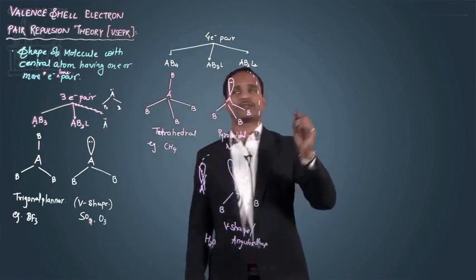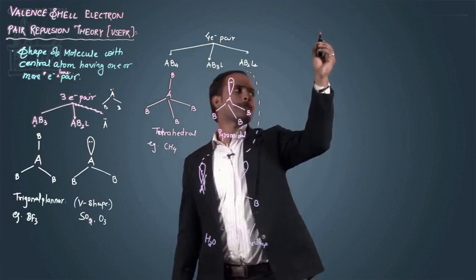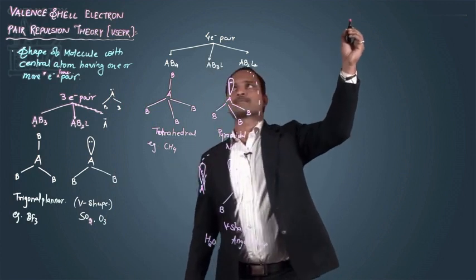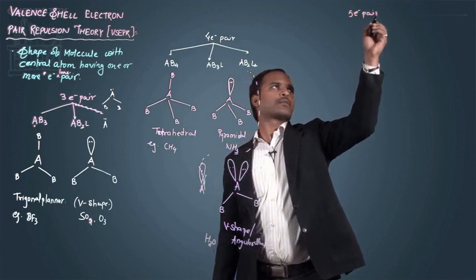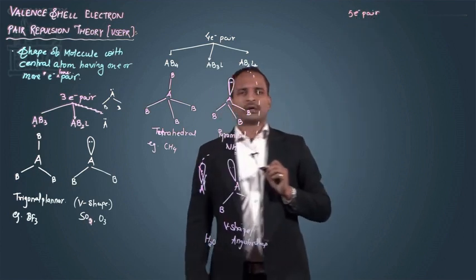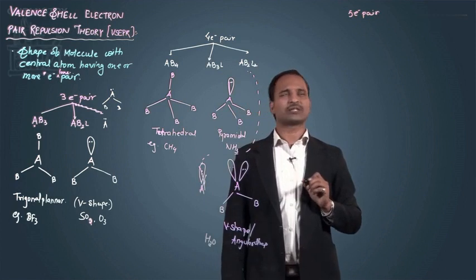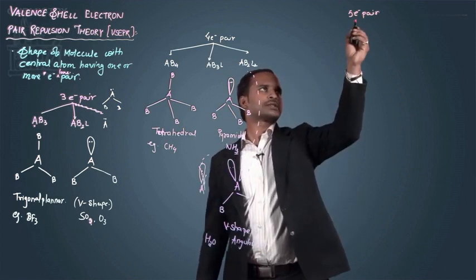The next is 5 electron pairs. Now let's see what the different possibilities are in this case.